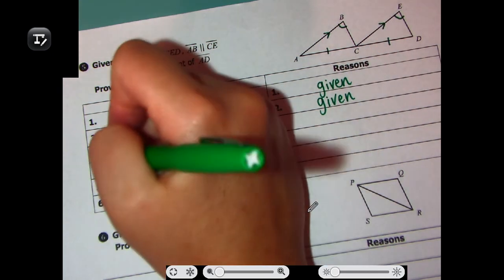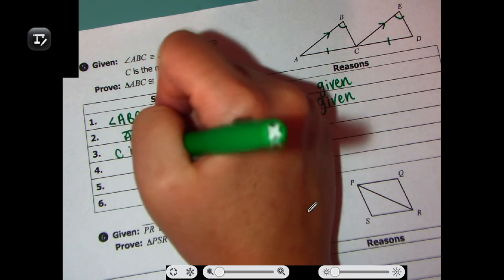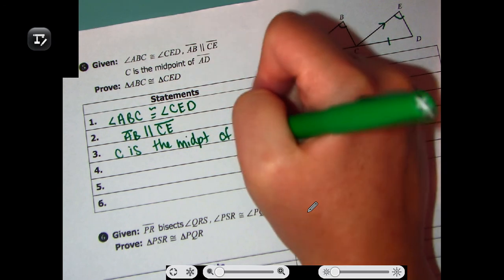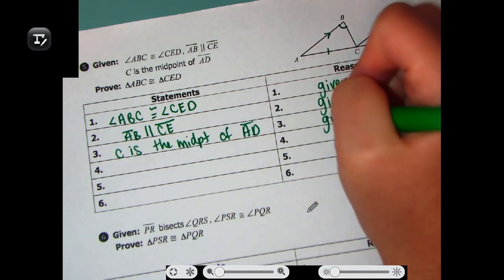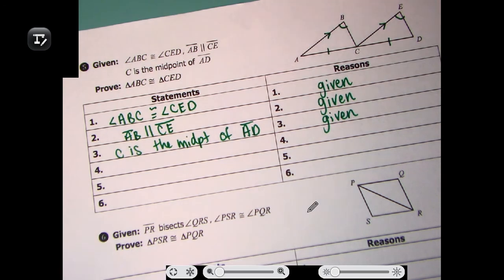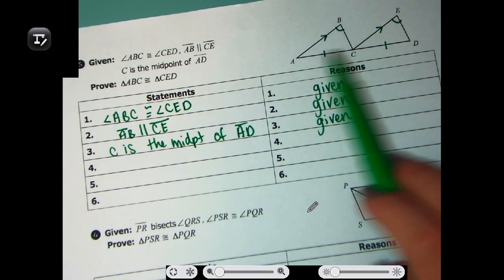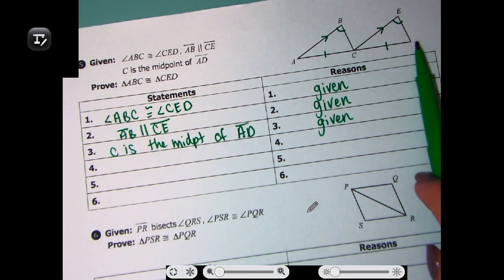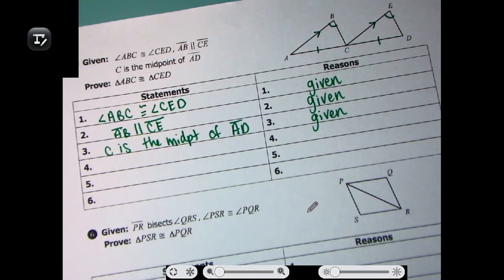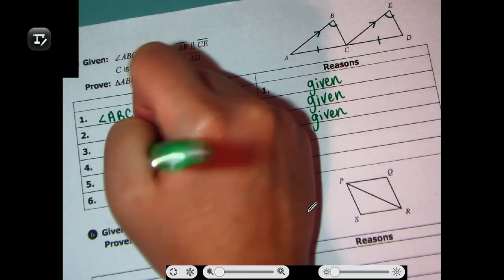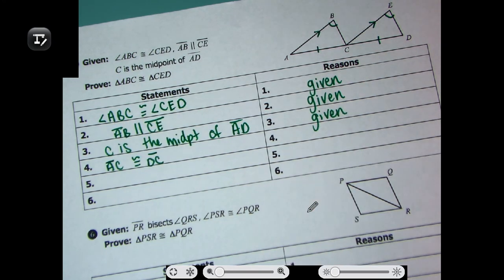And finally, C is the midpoint of AD, given. Okay, so I wrote down my 3 givens. Now let's look and write down what I had inferred based on what was given to me. What I had stated was that because C is the midpoint, AC is congruent to DC. So that's what I'm going to write now. AC is congruent to DC. How did I know that?